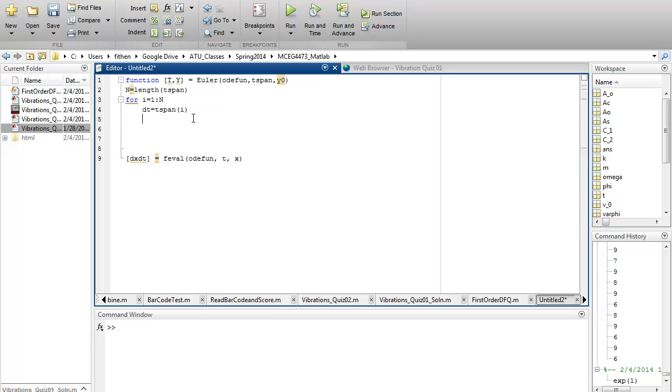And then what I'm going to do, hang on, I'm going to call this evaluated function here. I'm going to suppress the output.